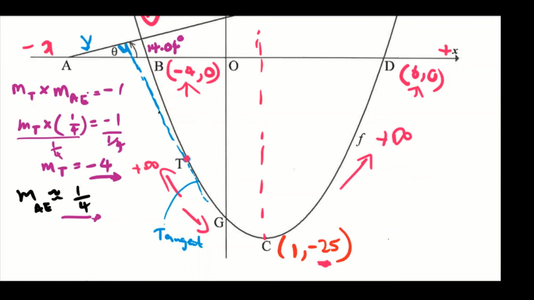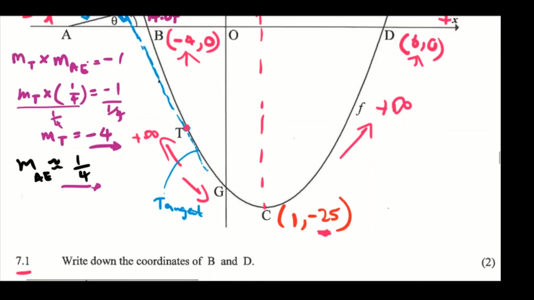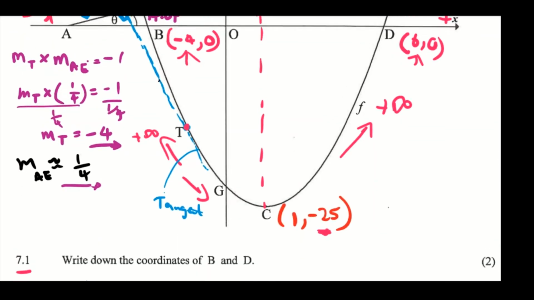And then because we are looking for the coordinates of T, and we know very well that T lies on the function of f, we know now that the gradient of T is equal to -4, and we know that it lies on this function of f.